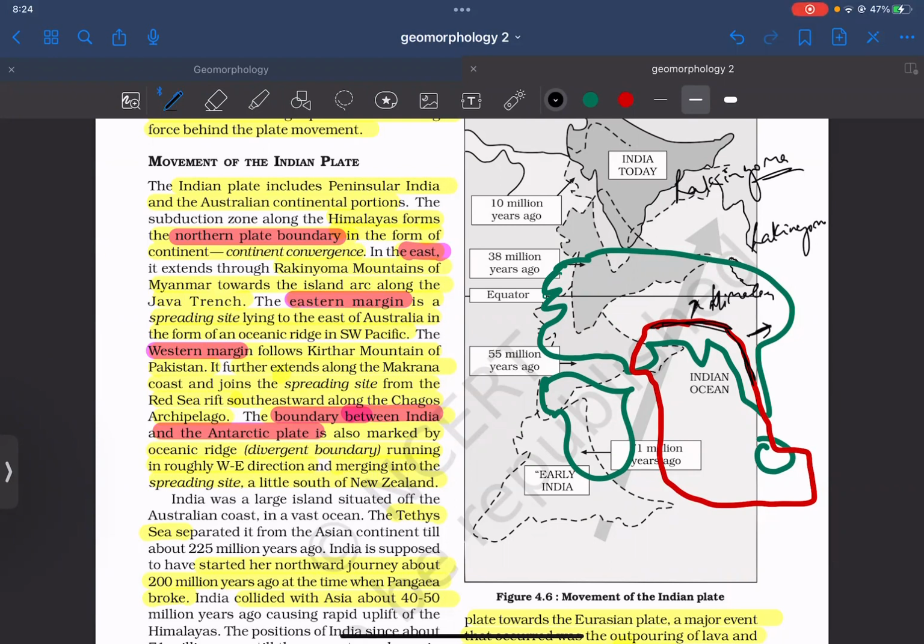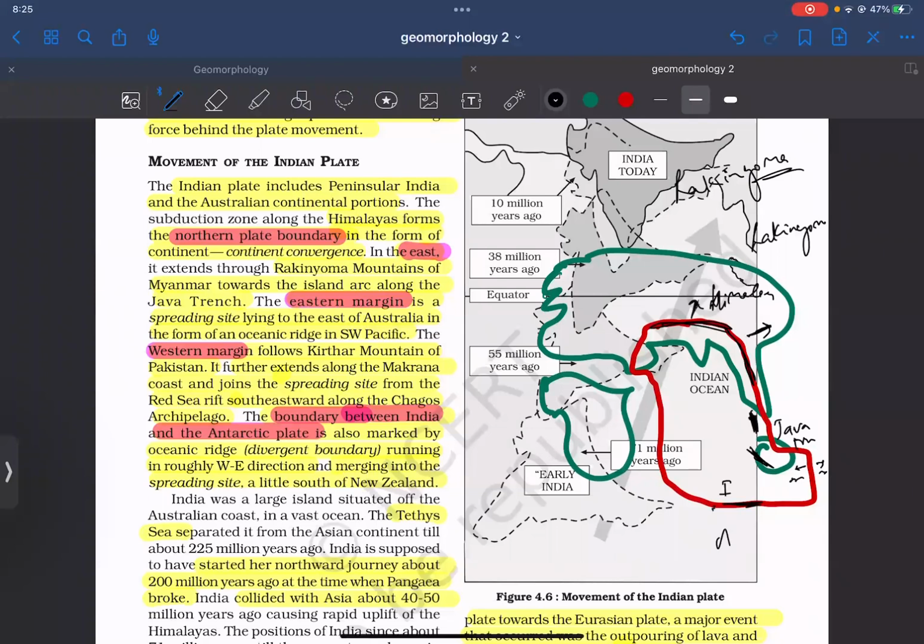Then it moves towards the Java Trench, because in the Andaman Nicobar Islands, over here we have the Java Trench. This is the eastern boundary, right? Then further along Australia, over here it has a spreading side. Divergence is taking place, right? Then the southern part, if you look at it, is between the Indian plate and the Antarctic plate.